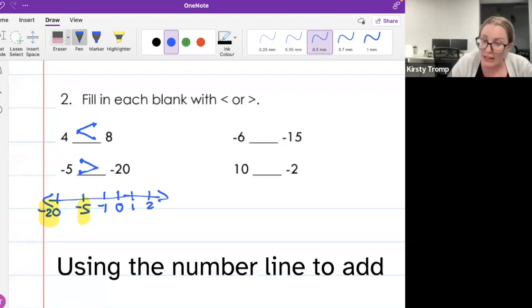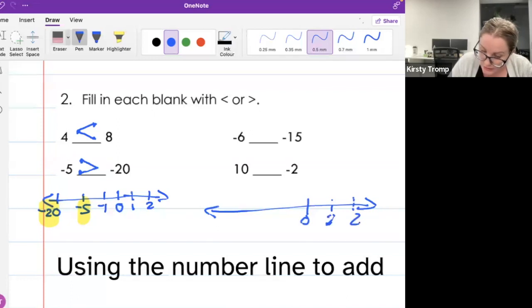If we have a look at -6 and -15, again, we can draw ourselves a little number line. 0, 1, 2, right?